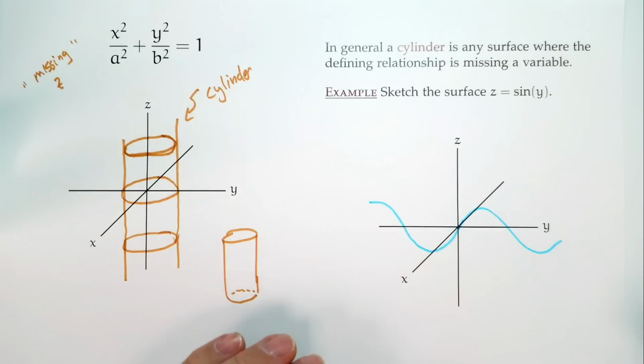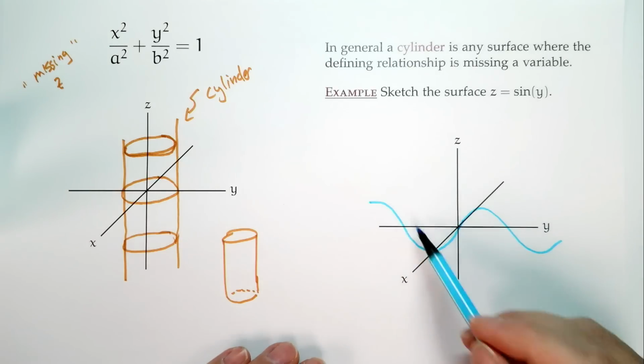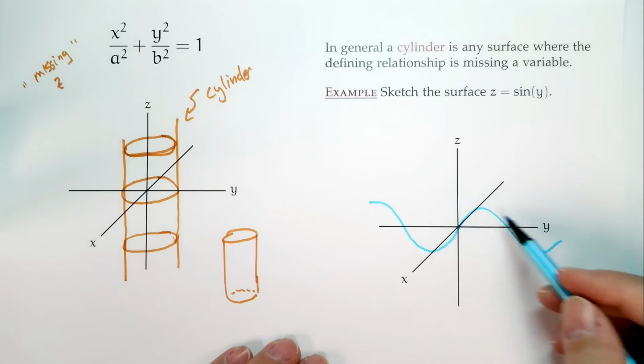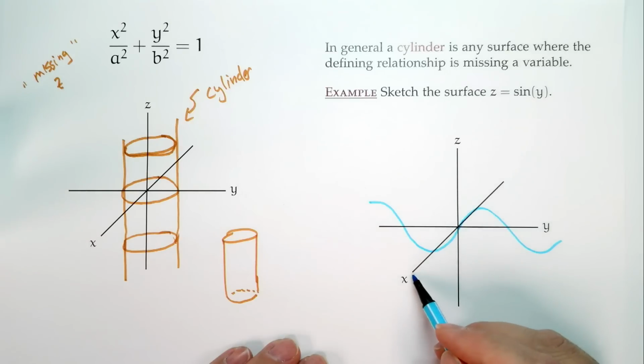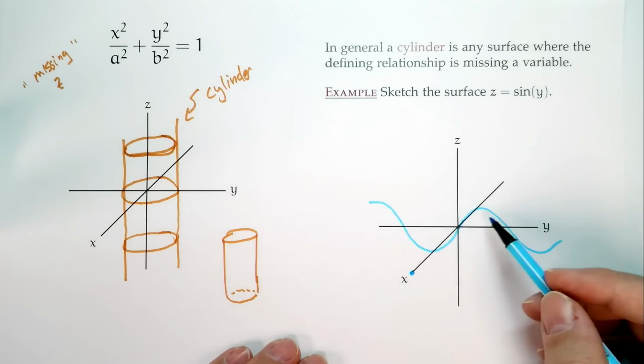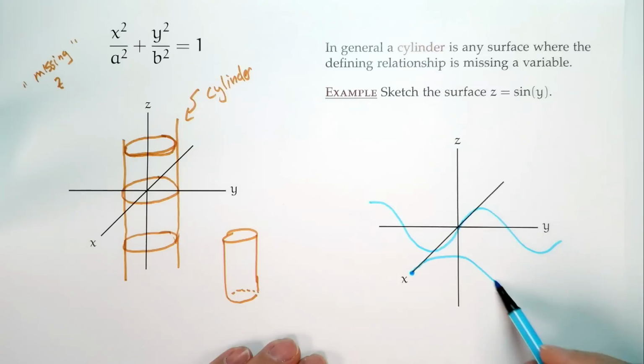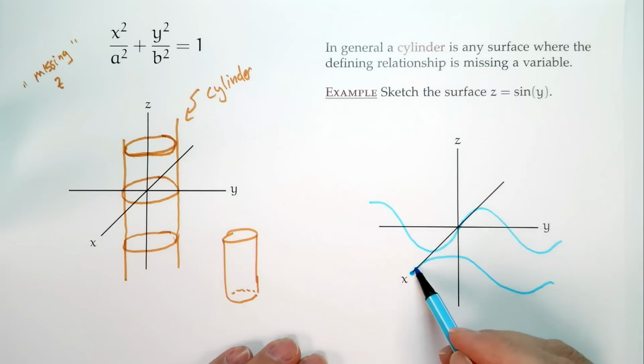Some people might say sinusoidal. Now, do you see this sine curve? It doesn't depend on which value of x I pick. When I'm in the yz plane, I'm picking x equals 0. So I can shift down, and now I'm going to draw the sine curve again.